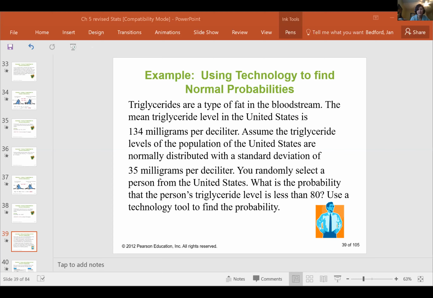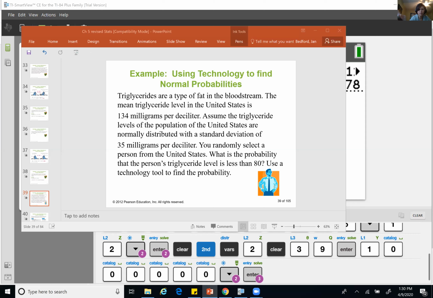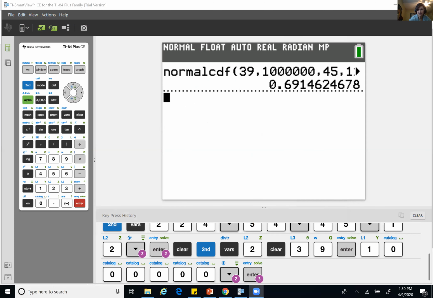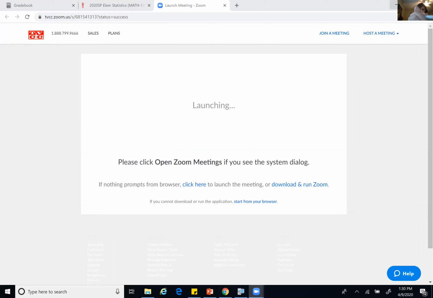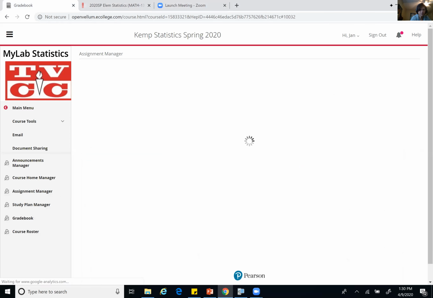So let me pull up some homework. Let me go back here, and I'm going to minimize that, and go, nope, not there, go here, and go to Assignment Manager.